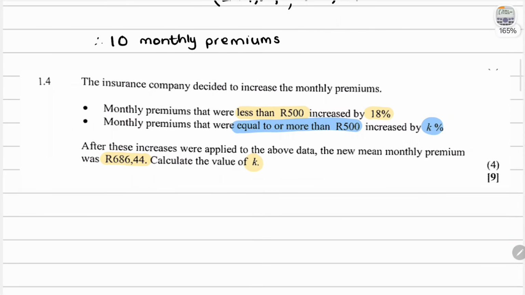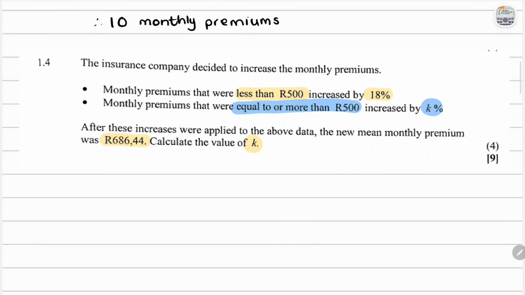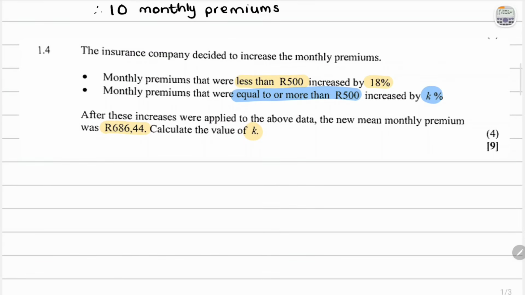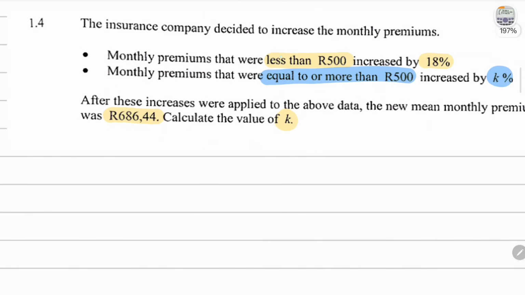Let's go ahead and brainstorm this. We have two categories. We have values where the premium is less than 500 Rand, and the ones where the premium is greater than or equal to 500 Rand.